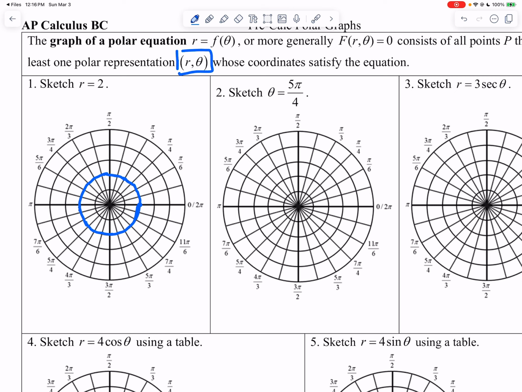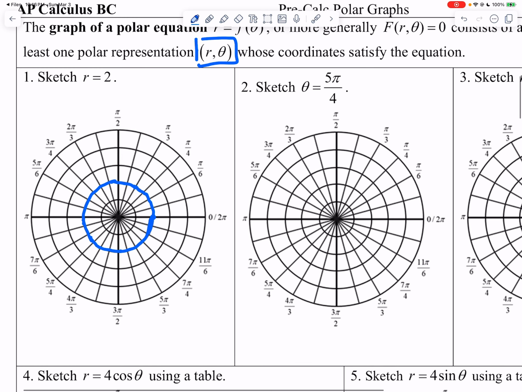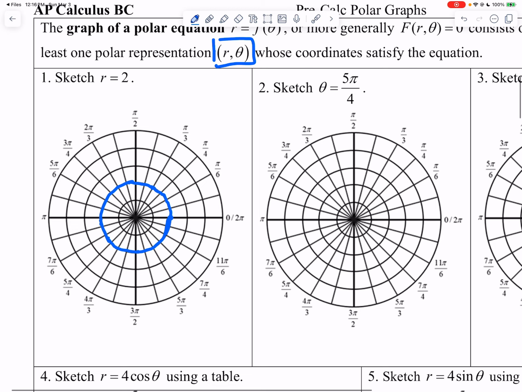Now let's think about why this makes sense in terms of, let's say, using rectangular coordinates. Because remember that r squared is going to be the same thing as x squared plus y squared.